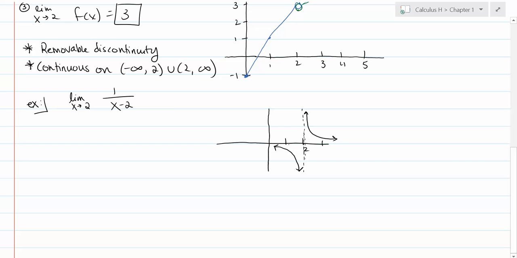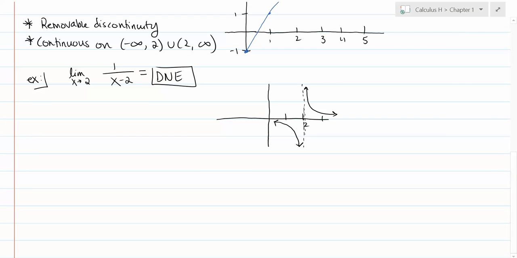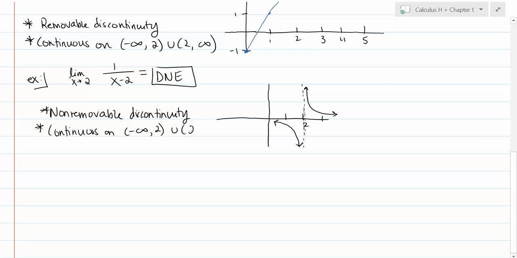Okay, so therefore we can see that as we come from the left and right hand sides, different values, positive and negative infinity, so the limit is not going to exist. So right away we know that we have a non-removable discontinuity. And our function, we could say, is continuous on the interval from -infinity to 2, union with 2 to infinity. Okay. All right, last example.